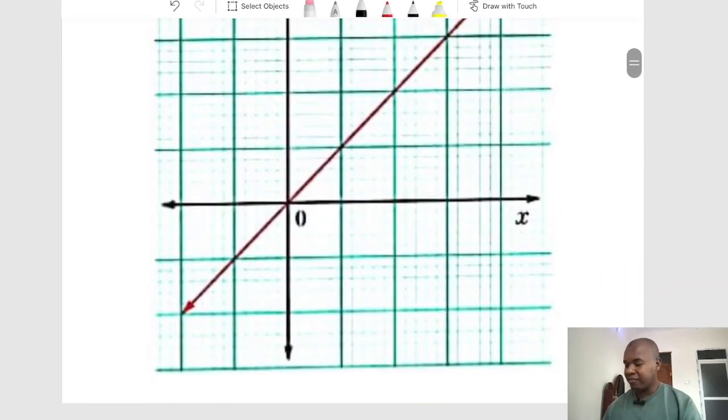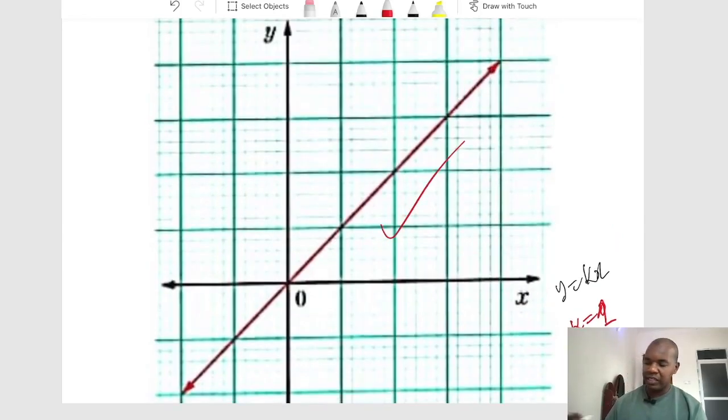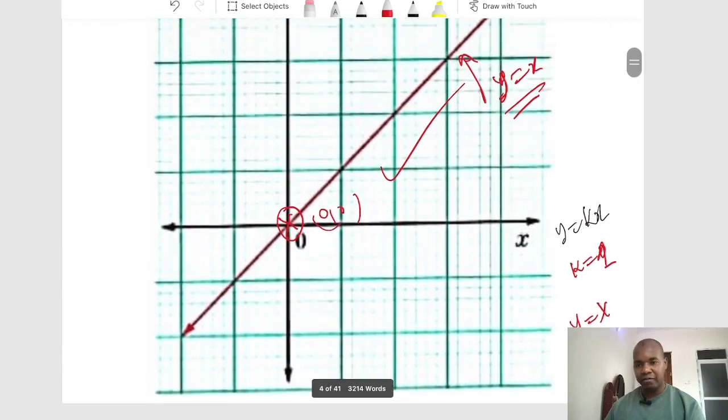From y equals kx, we're going to assume that k equals 1, so that y equals x, and eventually you have a straight line, as you can see here in the graph. We have a straight line passing through the origin, here of course (0, 0). Otherwise, the equation is y equals x, as can be seen here in the graph.